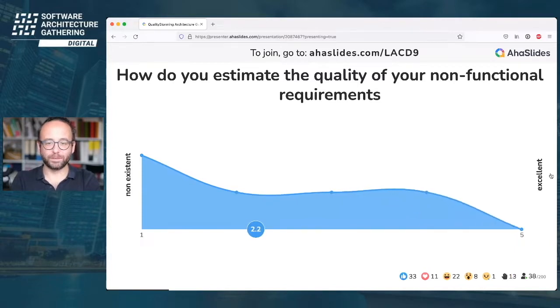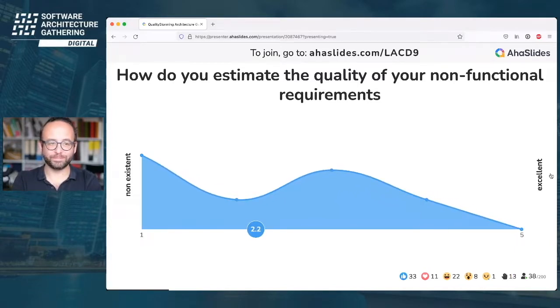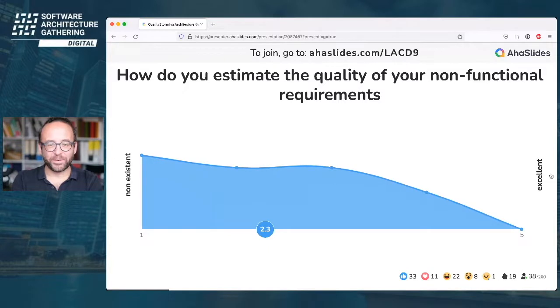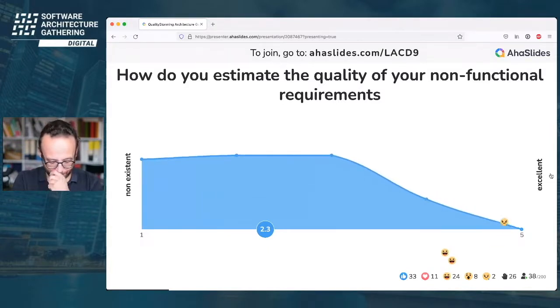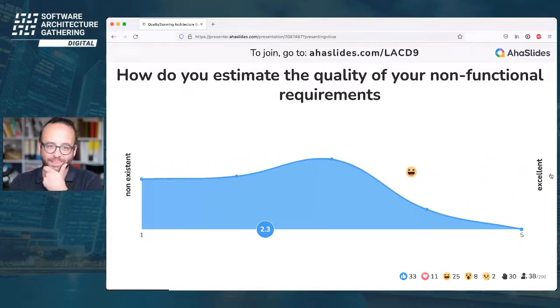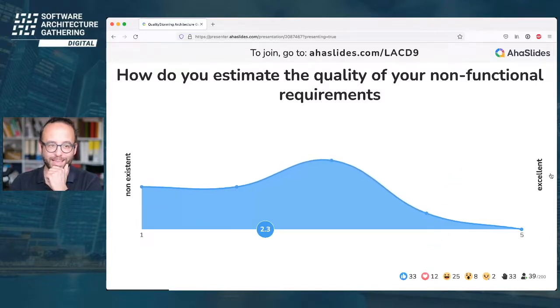So keep those votes coming in. Yeah, no one rates excellent. Always like that. Yeah, some folks voted with a sad smile there.